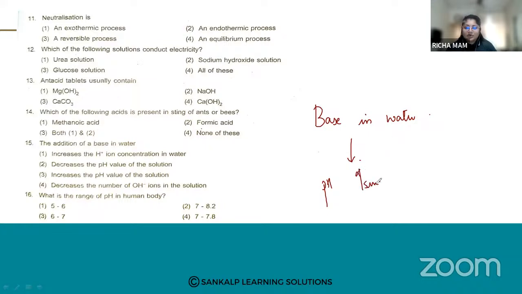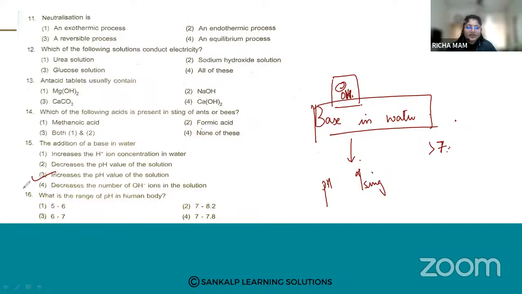So the answer is option number third. The pH will go on increasing because the number of OH ions will be more. So the pH will be more than 7. So the pH will go on increasing.